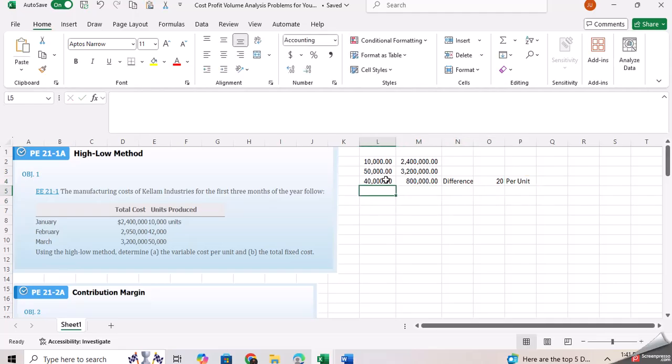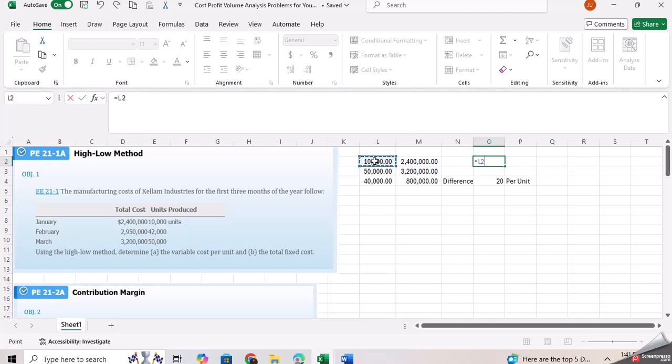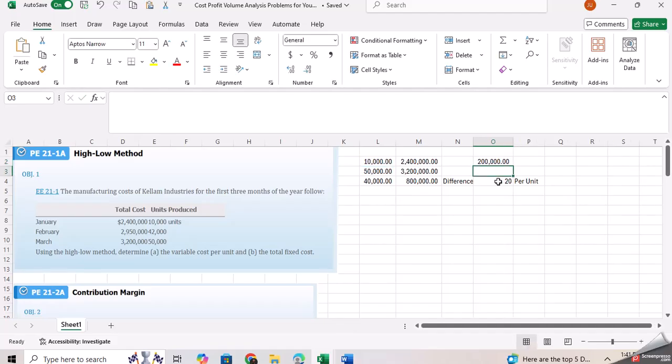So then those 10,000 units times the $20 per unit would be our variable costs. And then our 50,000 units times our price per unit is our variable costs.